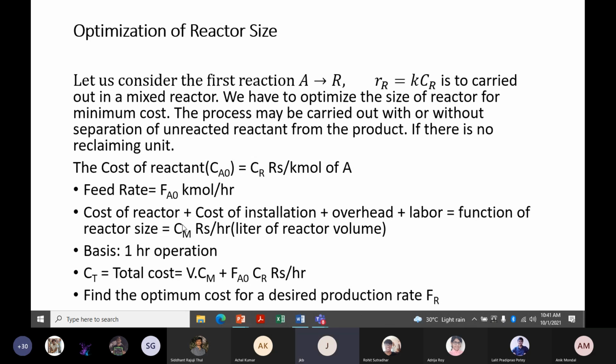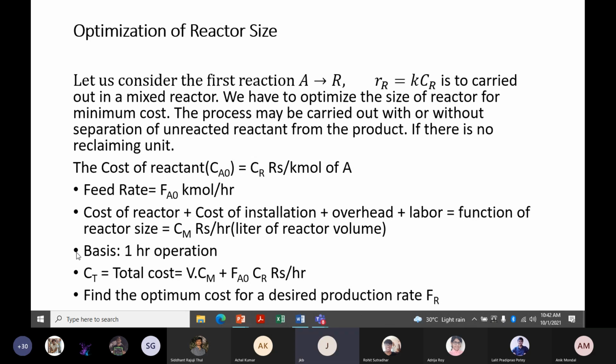And gradually the installation cost, this total cost, will reduce with time, and after a certain time, that is after 10 years or 15 years, it will reach the depreciated value and we have to install a new plant. So we can assume CM is this cost per liter volume of reactor per hour.